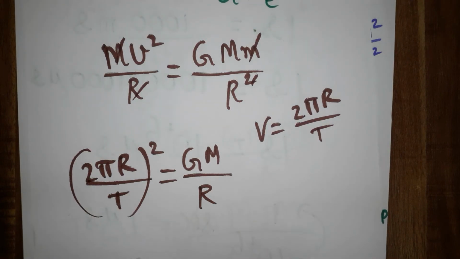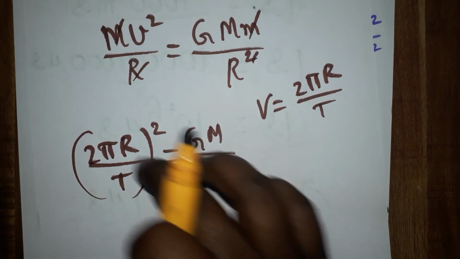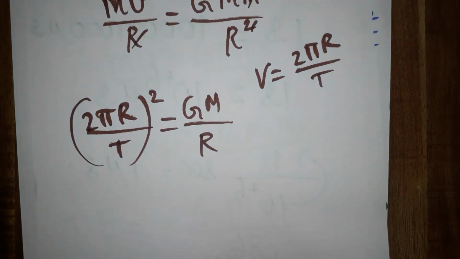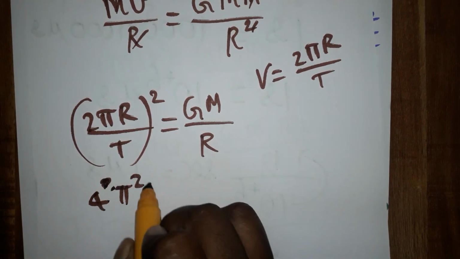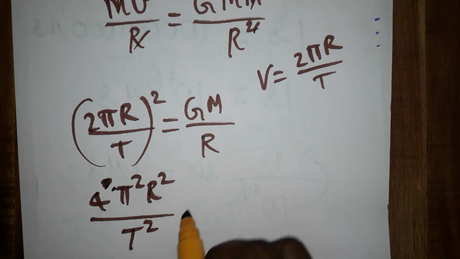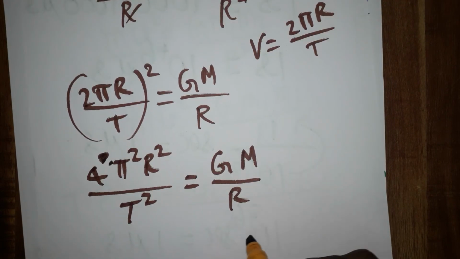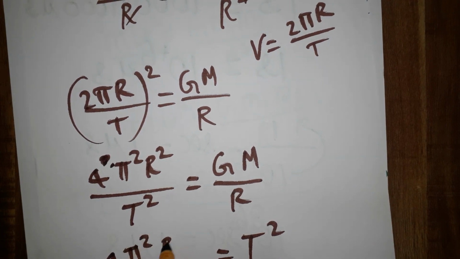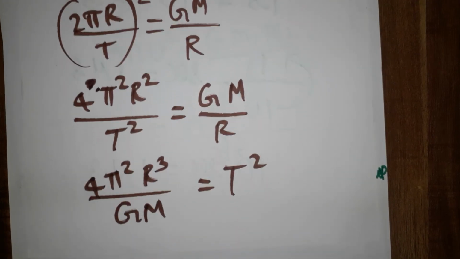So if you modify this, 4 pi square r square divided by T square is equal to G m divided by r. So T square is equal to 4 pi square r cube divided by G m. So T square is directly proportional to the cube of the radius.